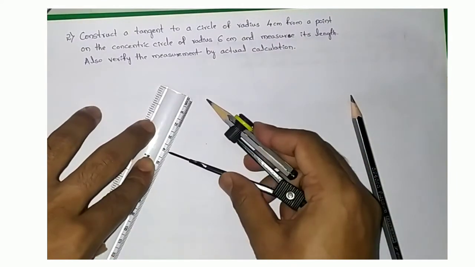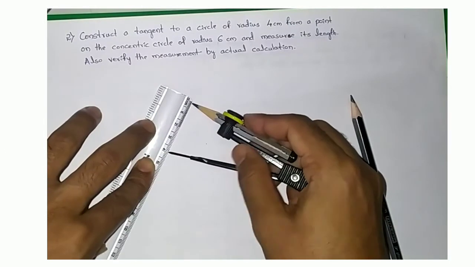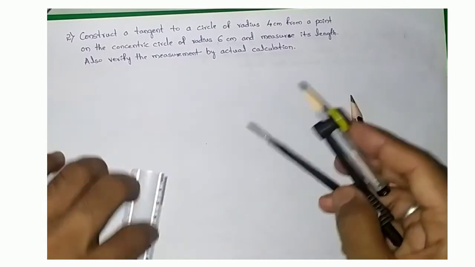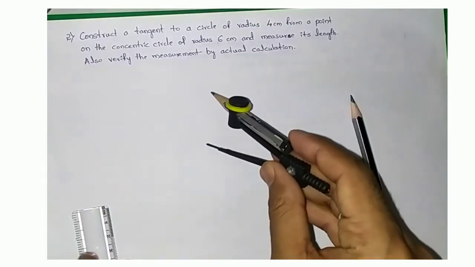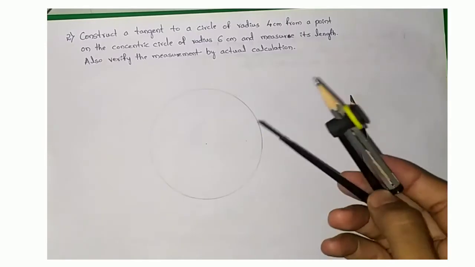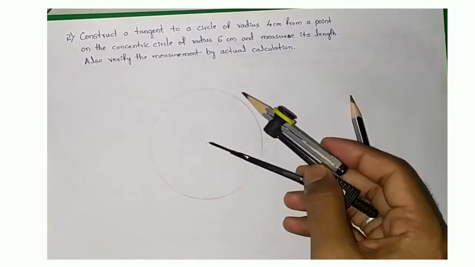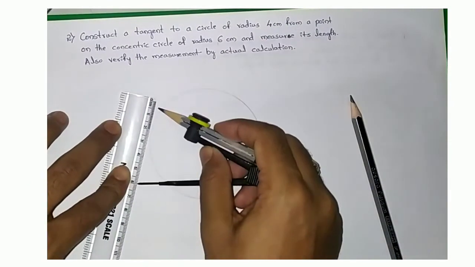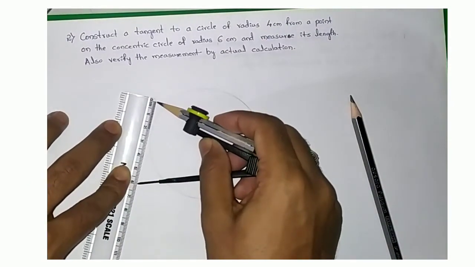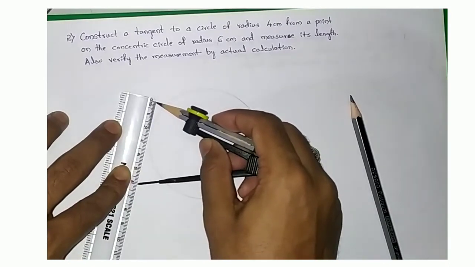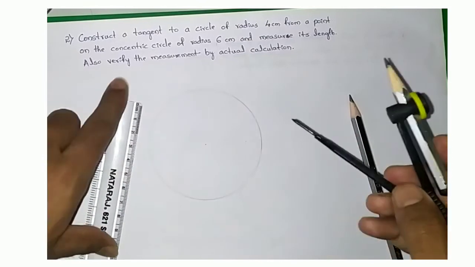So take the measurement of 4 cm. Then with the same center take 6 cm and draw another circle which will be concentric to the first one. Concentric means one inside the other.